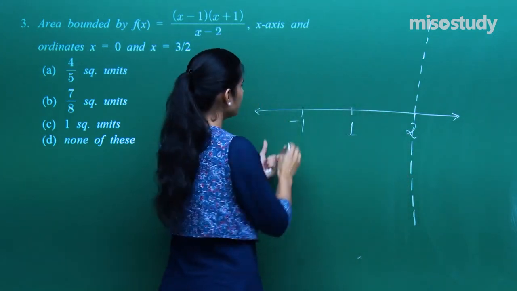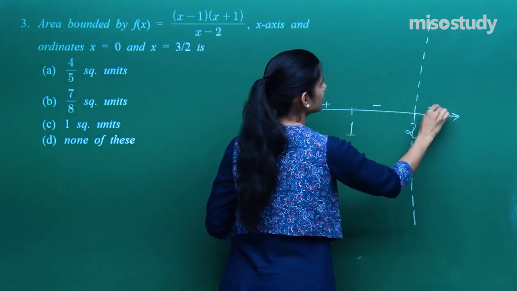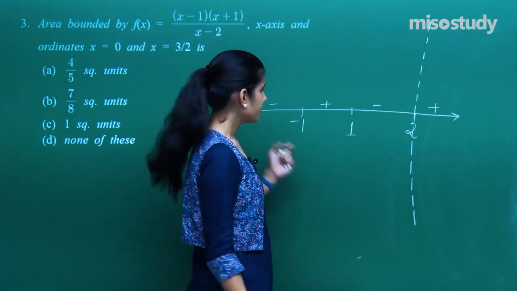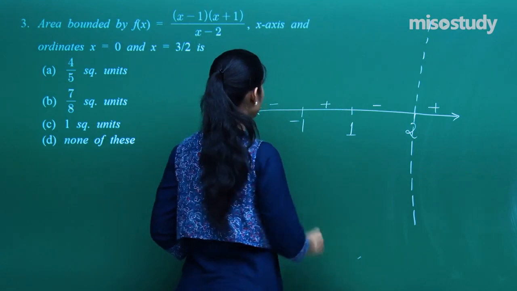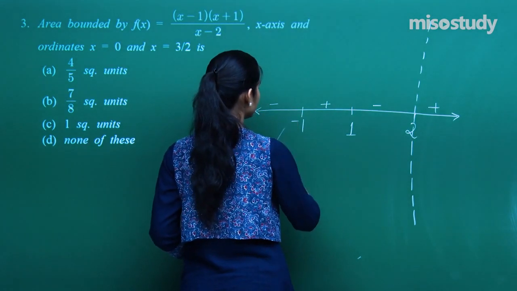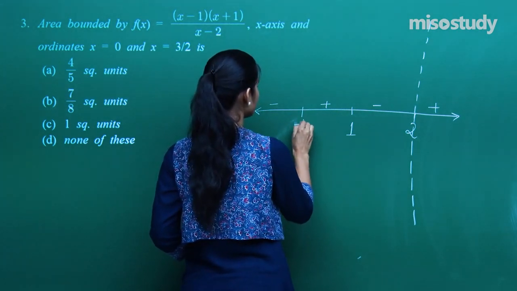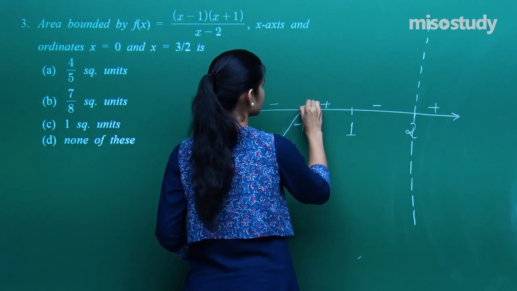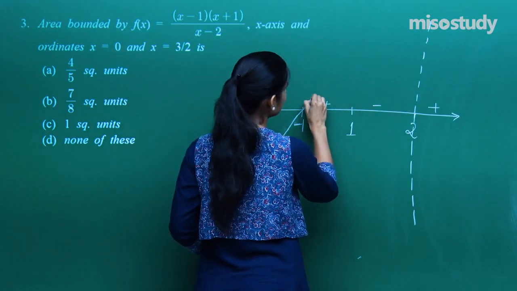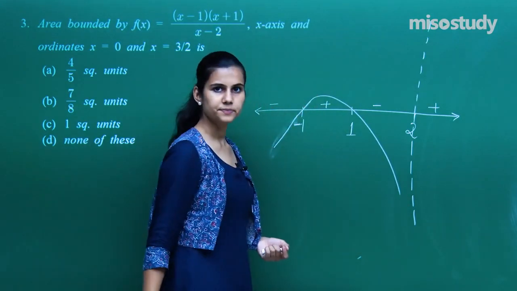Now if you can see, before -1 it's negative, here it is positive, negative, and then positive. So if that's the behavior exercised by f(x), I can clearly see the graph is going, and it's continuous and differentiable. That is very important. So its graph is basically going to go something like this. From here till 1 it will be positive and then negative.